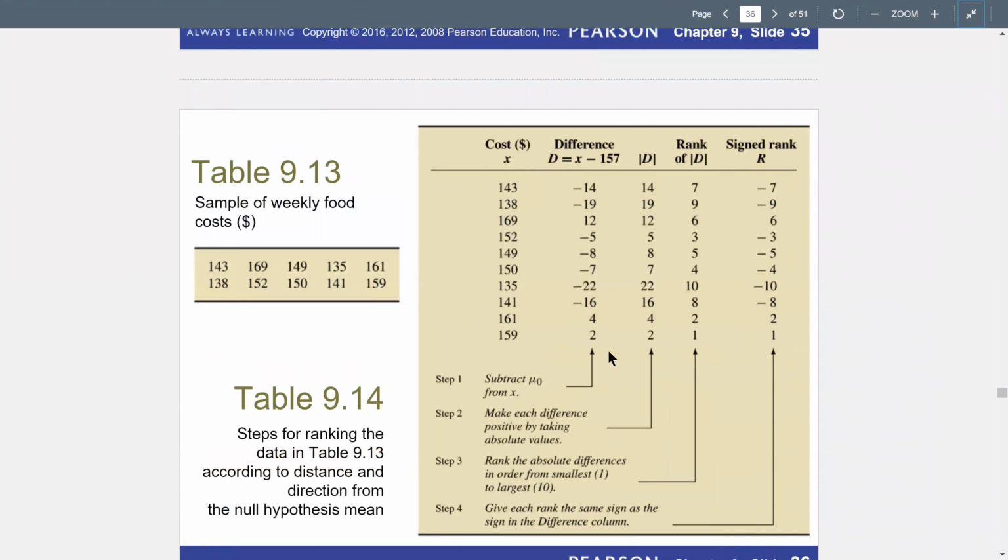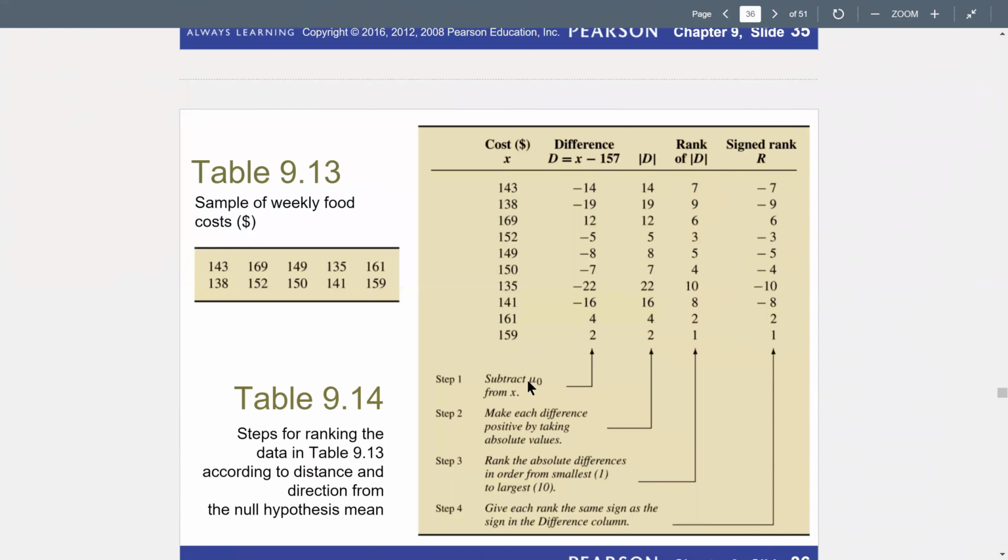And then get that, take the absolute value, and then rank them. Let me see. This number is 7. So 1 is obviously the smallest, 2 is next, so you rank them in ascending order. The largest one is the last, which is 22.